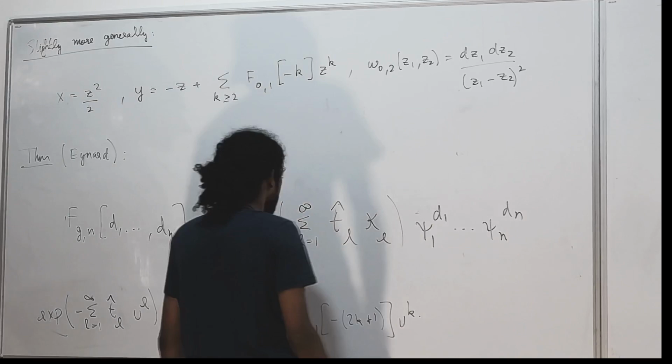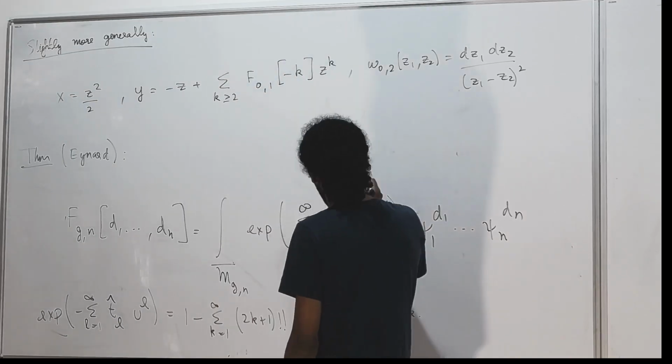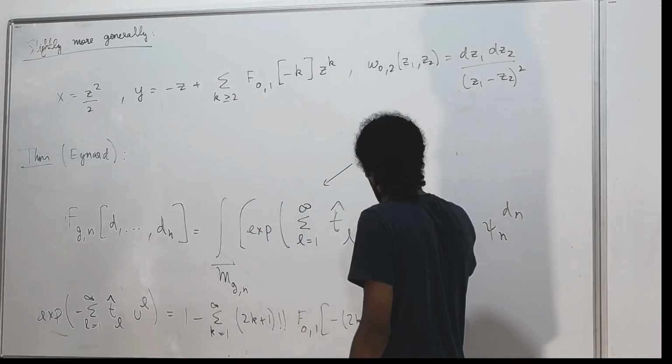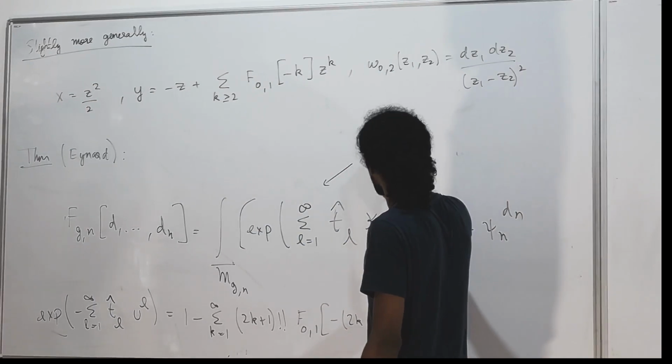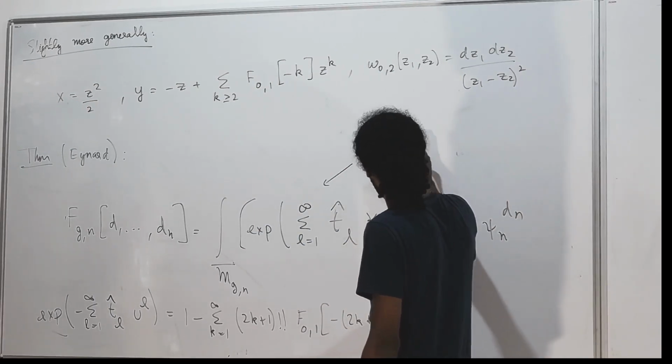And maybe one remark that I should make is that actually this object is a cohomological field theory of rank 1. I unfortunately didn't have any time to talk about this.